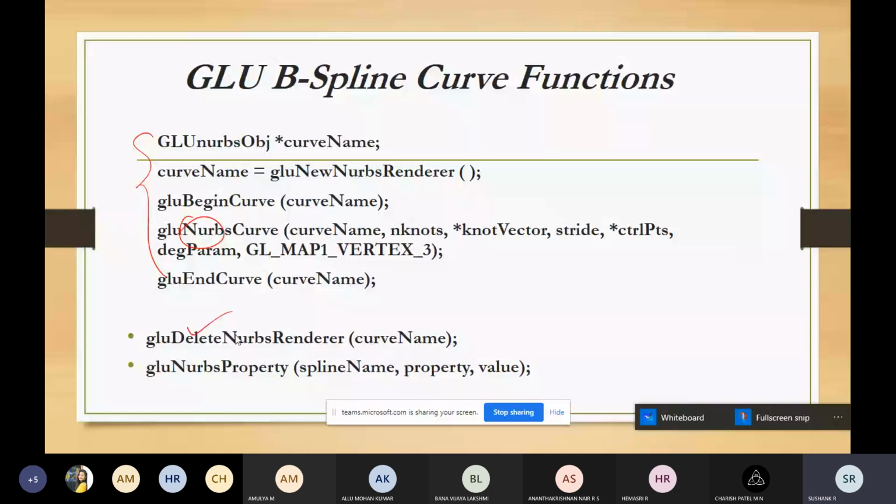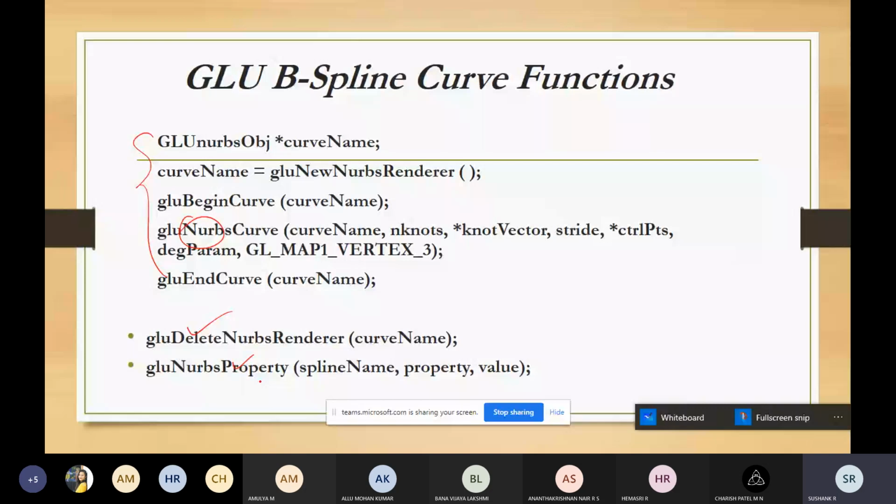And also we have functions which can be used to display a variety of rendering options. A variety of these spline rendering options can be set by calling this function repeatedly. Similarly we have the spline surface function.